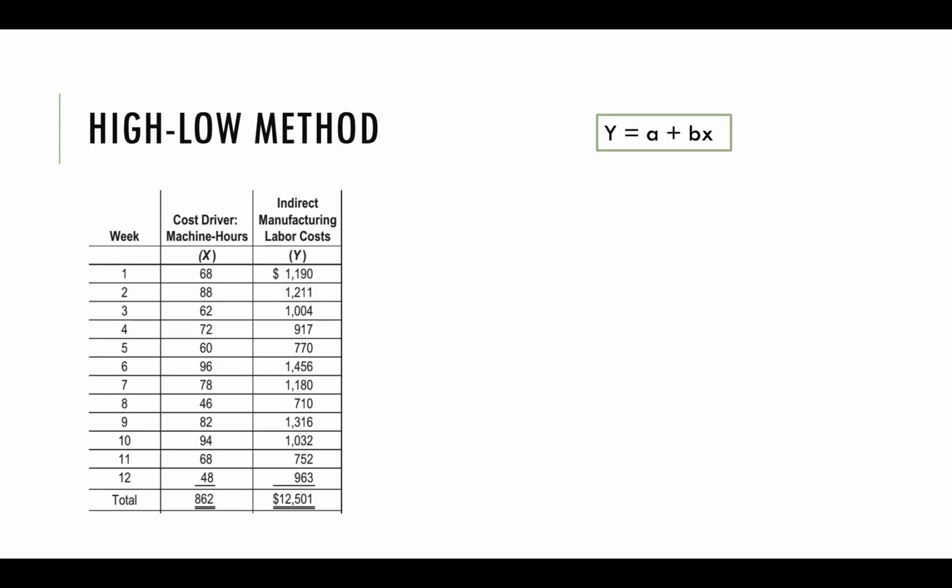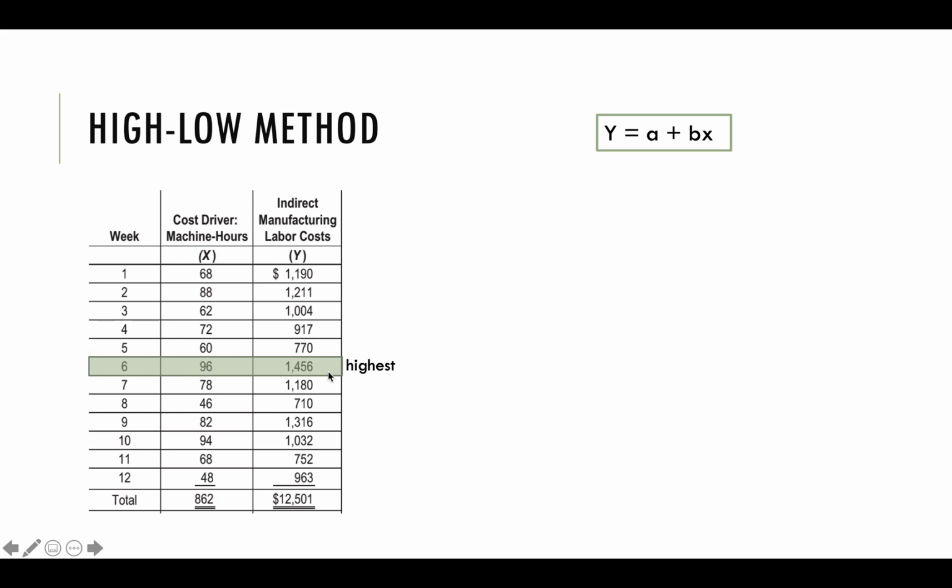The second method that we can use to estimate the cost is the high-low method. We have this basic function, y equals a plus bx, and referring to our previous table, the first step is to find the highest cost driver. Here the highest cost driver is in week 6, which is 96 machine hours.